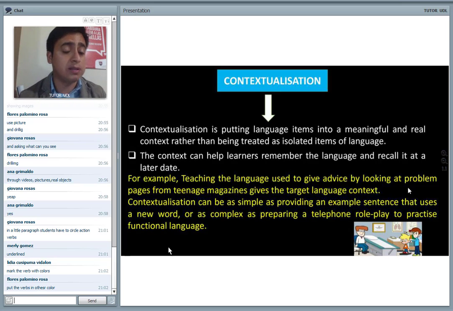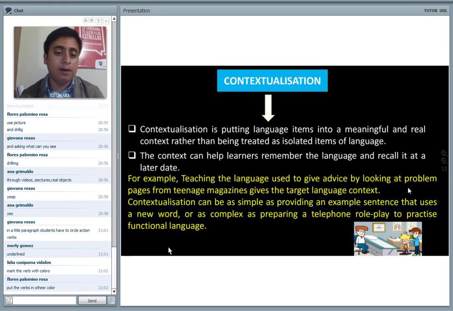In other words, contextualization means to use meaningful phrases, okay, to use the language that the students need because maybe they are going to use that language in the future. For example, instead of teaching them the history of the United States, you can teach them the history of Peru, all right, by using English. That's a way of contextualization.